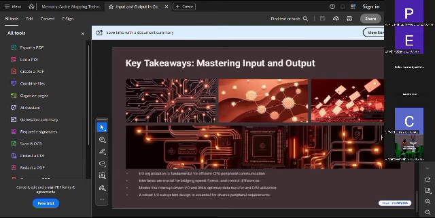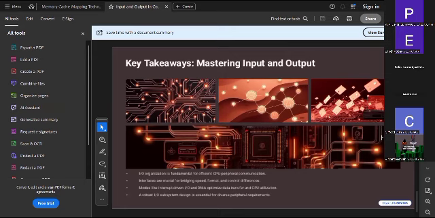Key takeaways: mastering input and output. Input and output organization is fundamental for efficient CPU-peripheral communication. Interfaces are crucial for bridging speed, format, and control differences.